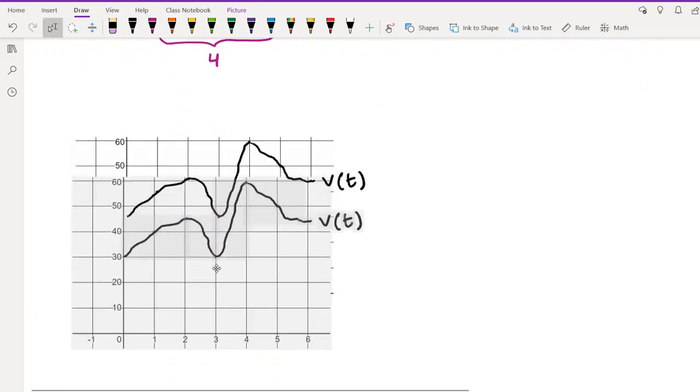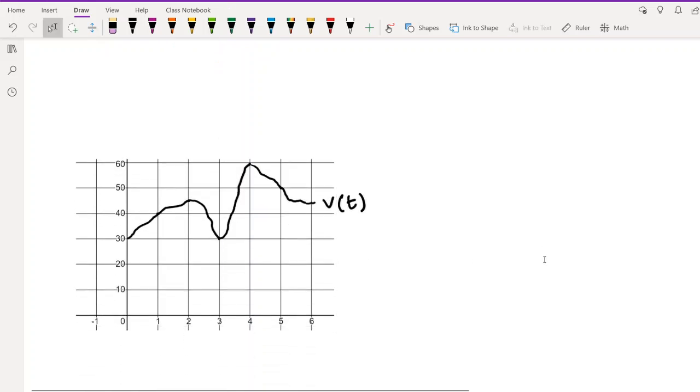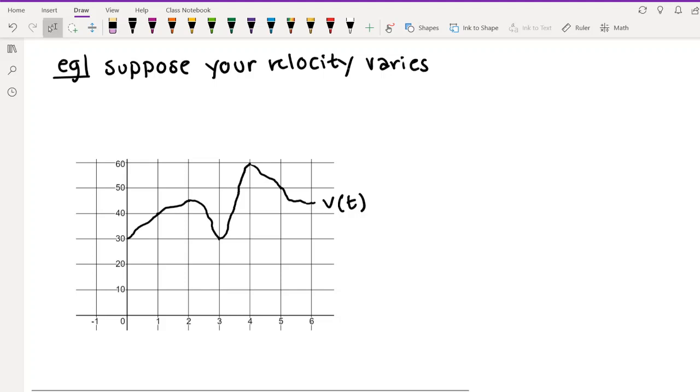So let's say that now you are going on, again, some kind of a road trip, but let's say that this time your velocity varies over time, as shown in the graph below.